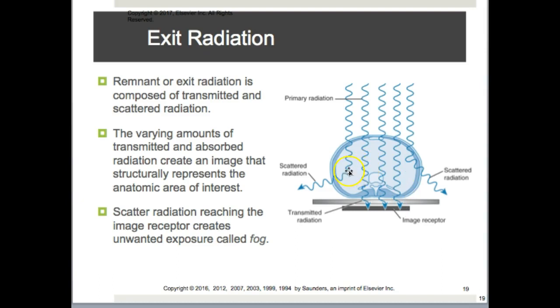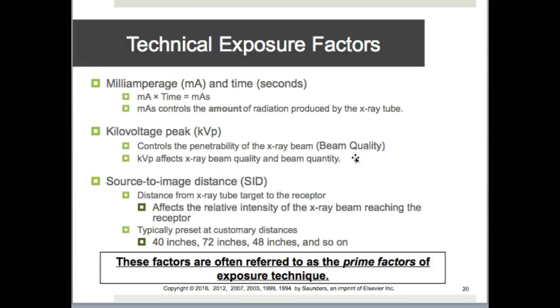It's representing the kidney over here instead of straight down. It's going to come out and expose your image receptor over here, representing the kidney when it's supposed to be right here. We call this unwanted exposure fog. So you'll hear us call it scatter or fog.